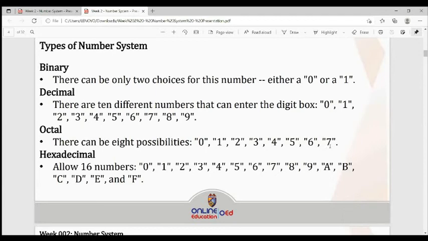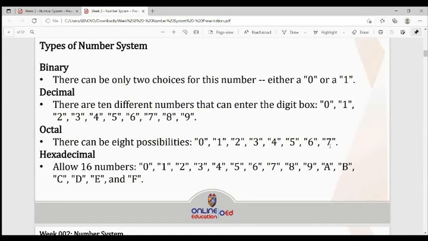So that is octal. And then for hexadecimal, it allows 16 numbers. That is from 0 to 9, just like a combination of decimal combined with letters from A to F. Yun lang yung pagkakaiba niya doon sa decimal. Meron siyang letters from A to F because in decimal, it only accepts 9 digits.